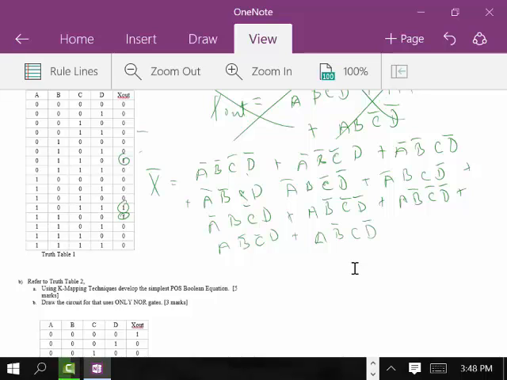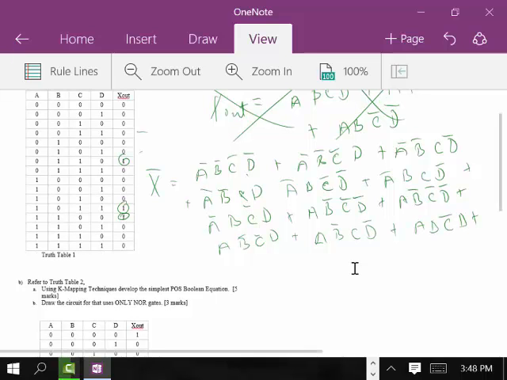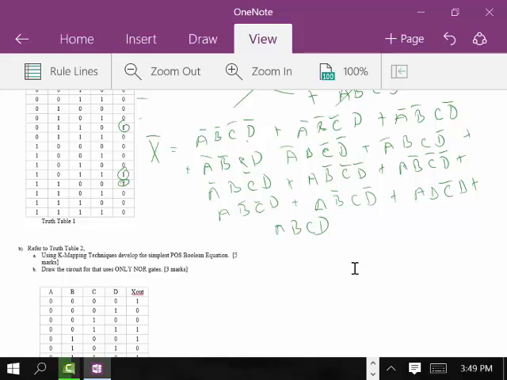That's this one right here. We skip these two, and then we have the last two. A, B, C naught, D, or, and the last one is A, B, C, D. So that's our function right there.